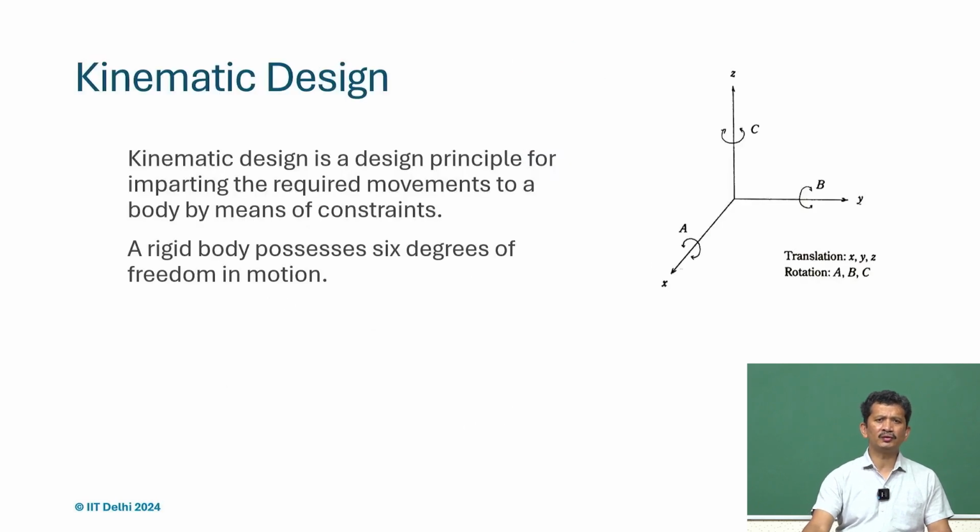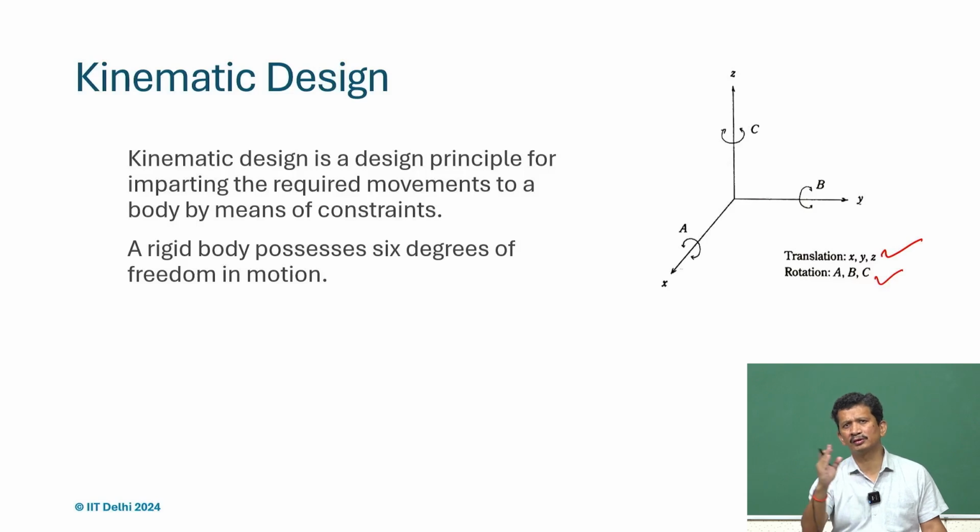So, when we extend to 3D, then we talk about 6 DOF. So, 3 translations and 3 rotations along the x, y and z axes. Yes, when we talk about the motion in x, we are talking about both directions.